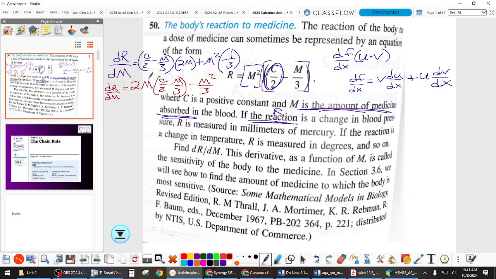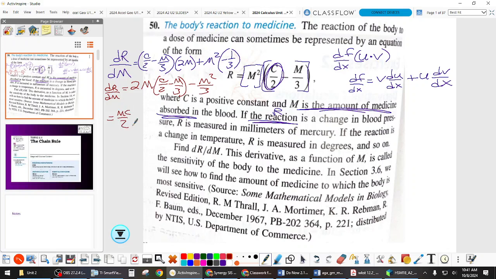Here we could distribute and get 2m squared over 3. So take off of 1, and we just get an m squared over 3. So this is 2mc over, actually just mc over 2, so that's that term.